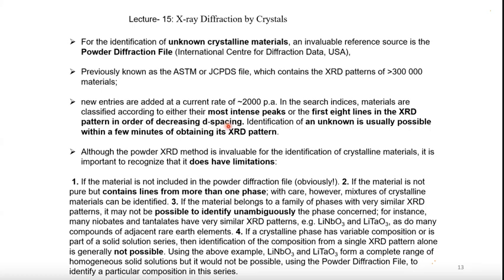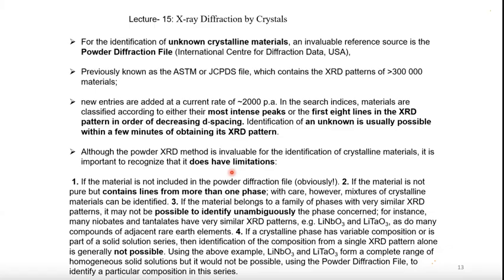But we have some limitations to remember. The first limitation: if this powder pattern is not included in the powder diffraction file, then it is very difficult to identify unknown materials.